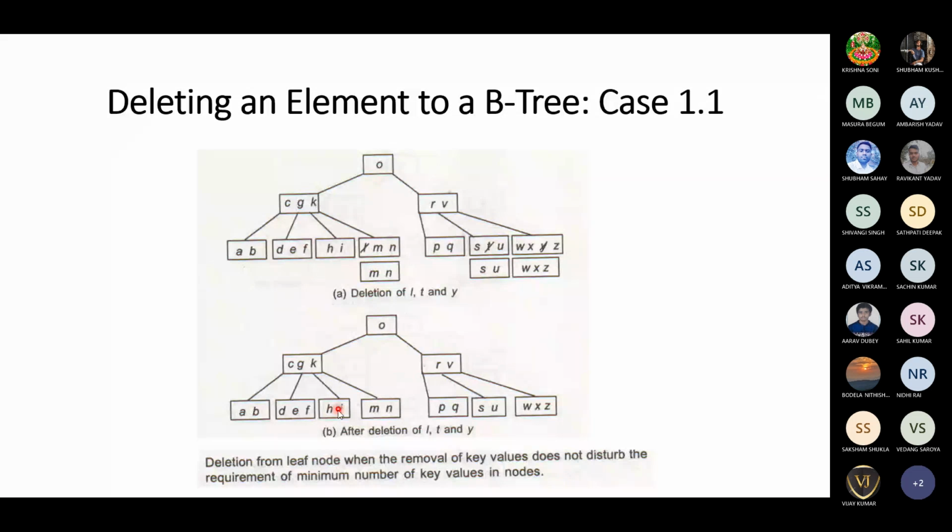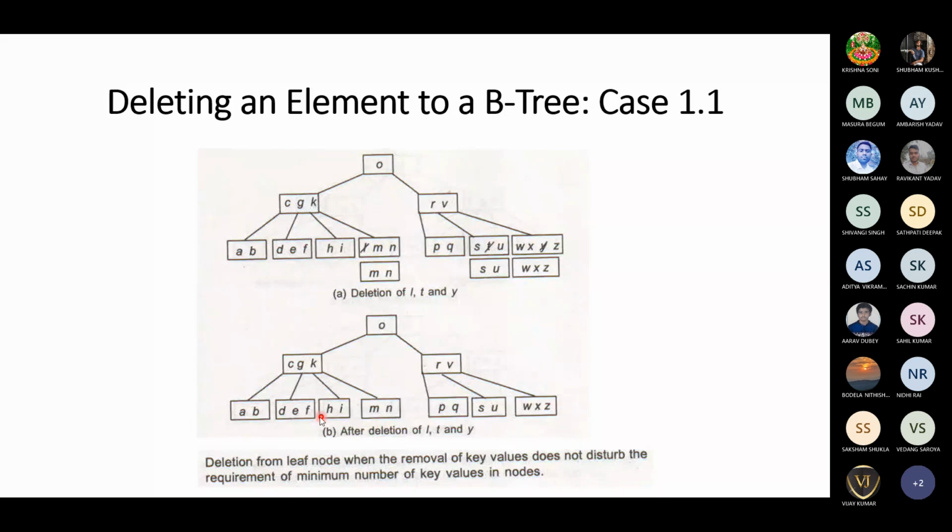When this is creating some imbalance, we will try to equally distribute the nodes among all the child nodes. So when deleting H, I node will be left alone. But the left sibling is having 3 values, while the rest are having 2 values.